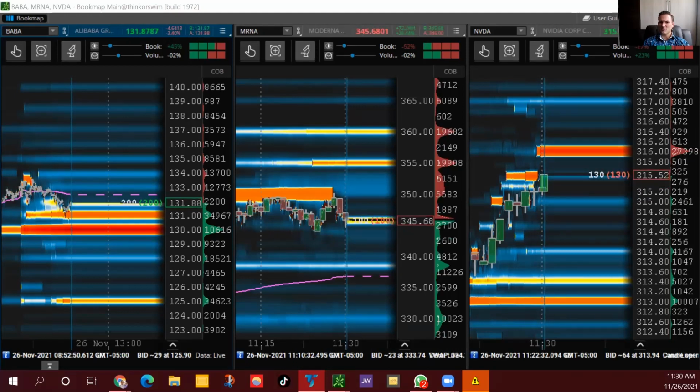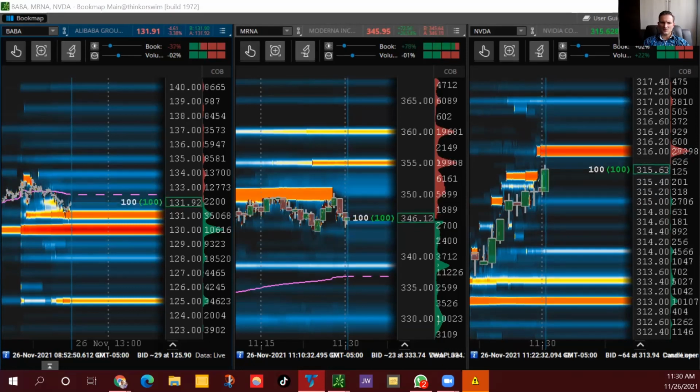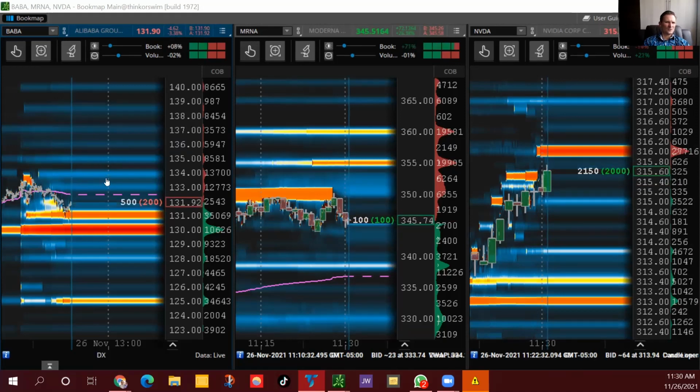SPY continuing to pump. It wants the 359. I'll go again. And NVIDIA is going to continue to pump with it, pushing up to the 316 liquidity, sellers sitting there. That's a nice add, Sanchez, if you're just dying for NVIDIA. That's my goal too.